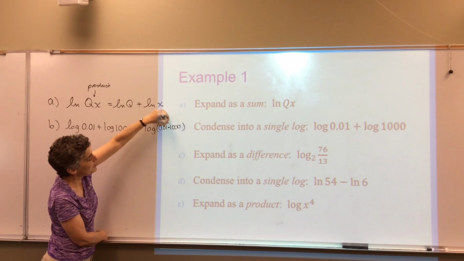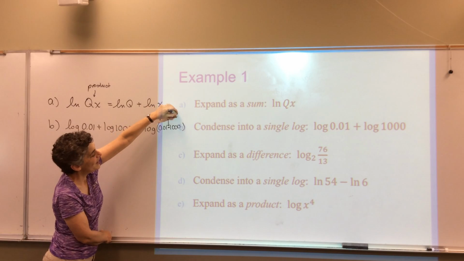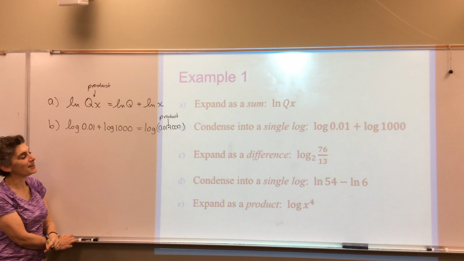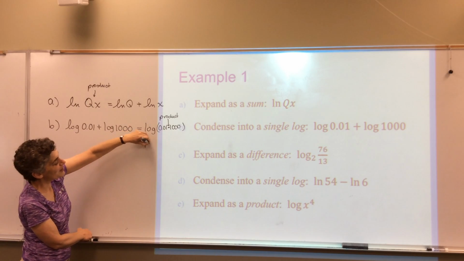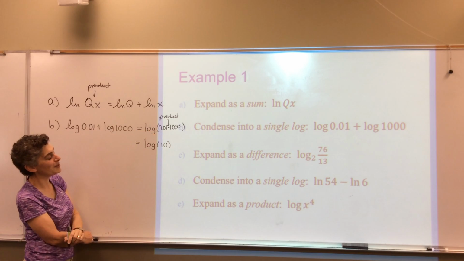So we're putting the times in to make it the product side of the expression. 0.01 multiplied by 1,000, I believe, is just 10. So this is log of 10, if you want to continue to simplify it somewhat.